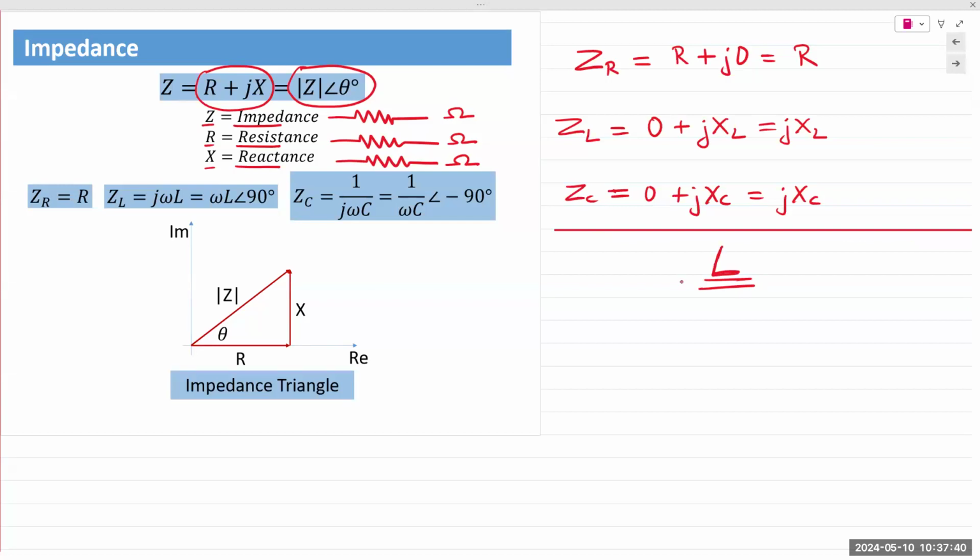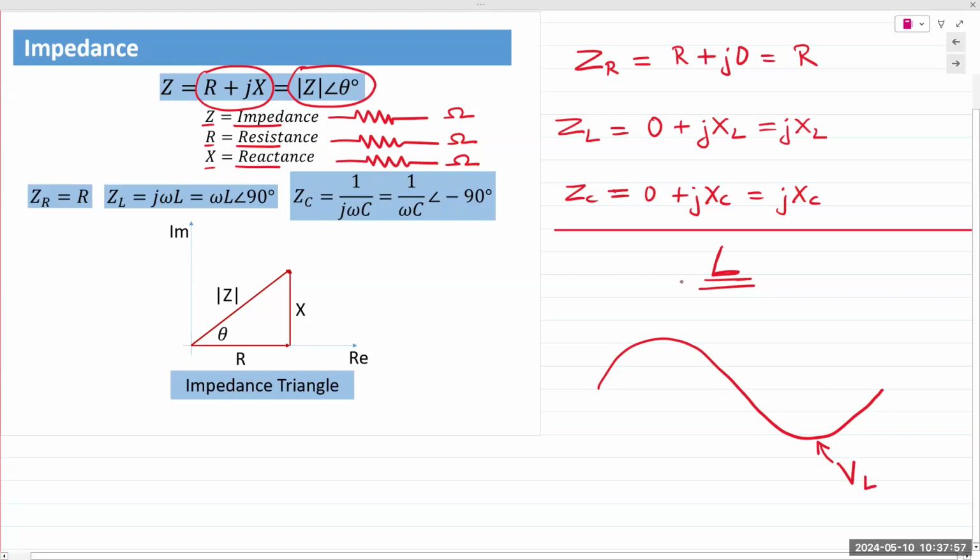The voltage will come first, the current will follow later. And that is graphically represented like this. This is the voltage for an inductor, and the current for the same inductor will be 90 degrees behind. Remember, I said pi by 2. This is IL.